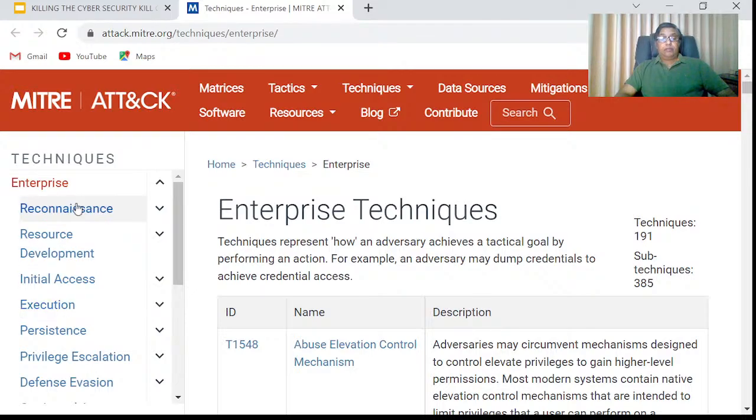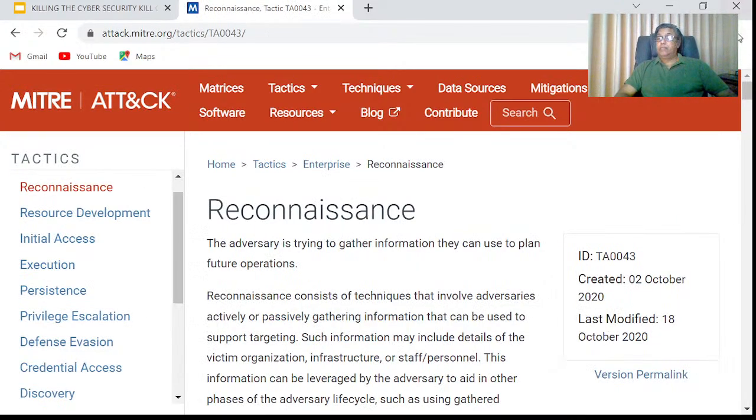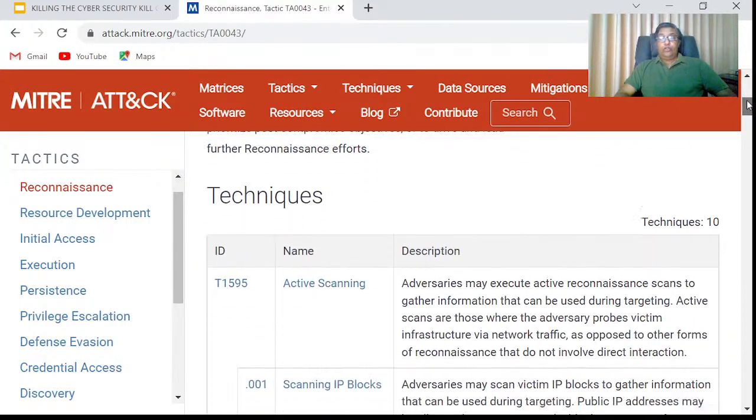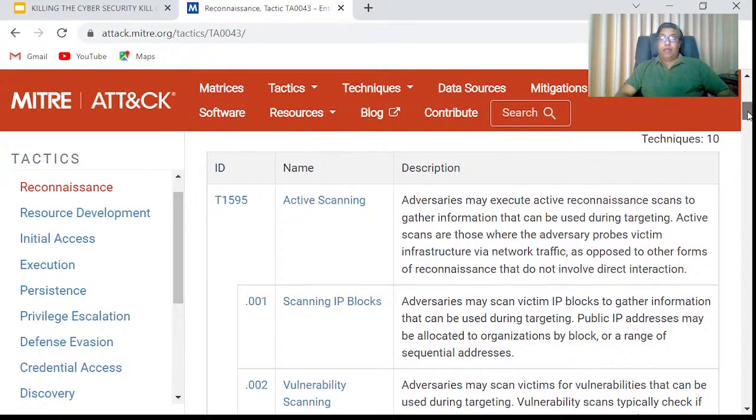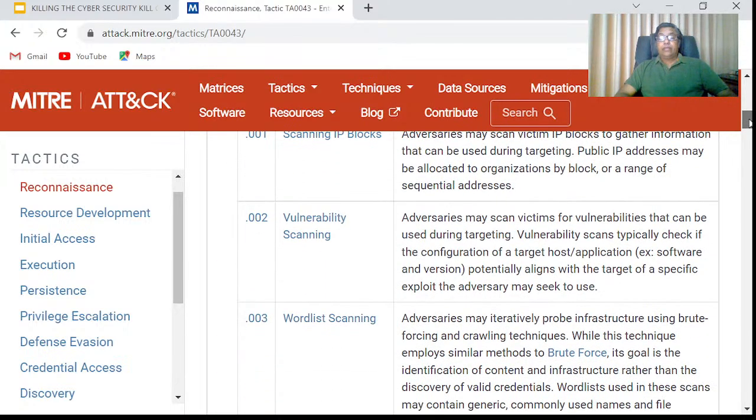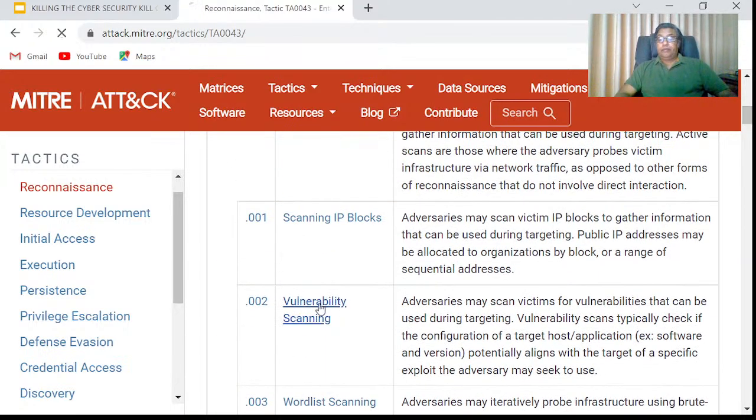If you look at reconnaissance, it shows you what the types of recon techniques are, like active scanning, scanning IP blocks, and vulnerability scanning.